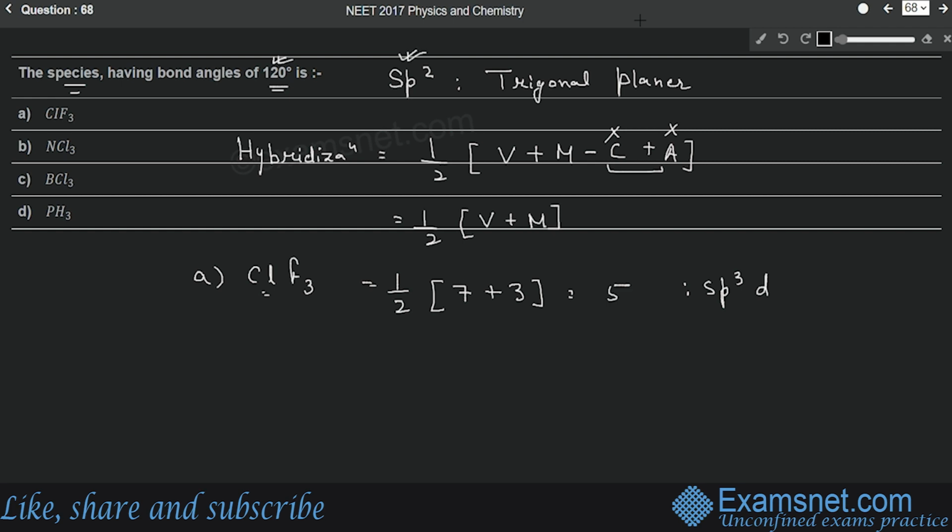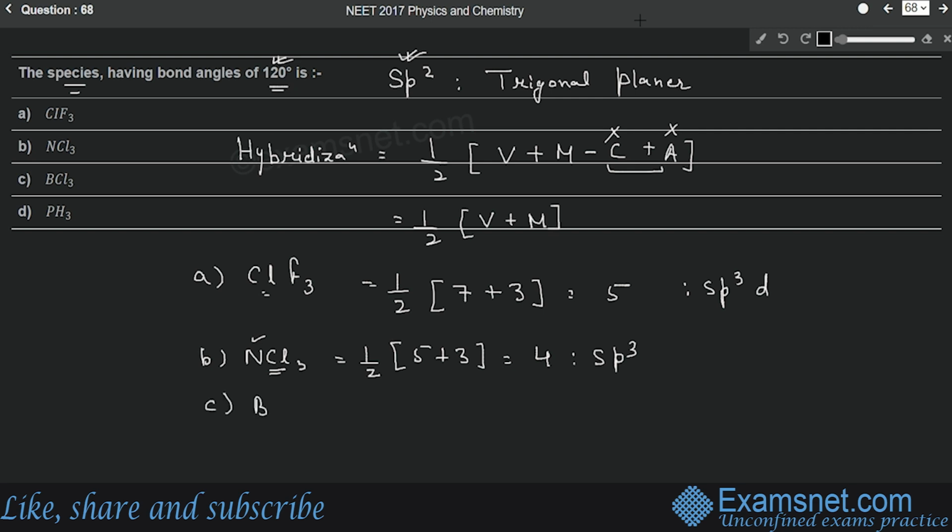We need an sp2 hybridization. Now we come to the second one. This is NCl3. Again we'll use the same formula. So half, the number of valence electrons on nitrogen is 5. How many monovalent atoms are attached to it? 3. So plus 3, half into 8, that is 4. So the hybridization will be sp3. Again it's not sp2.